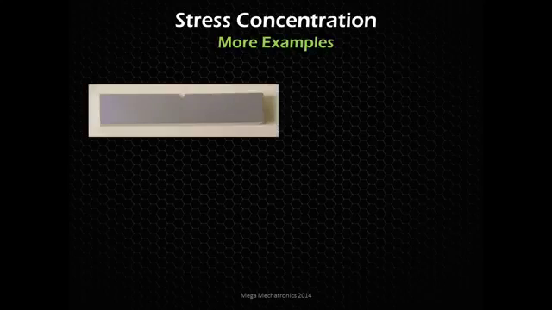So some more examples. Here's our Sharpie test. Remember that notch? It's put there on purpose so that it gives the scientists and engineers a consistent place where that part is going to fail, and that leads to more consistent test results.